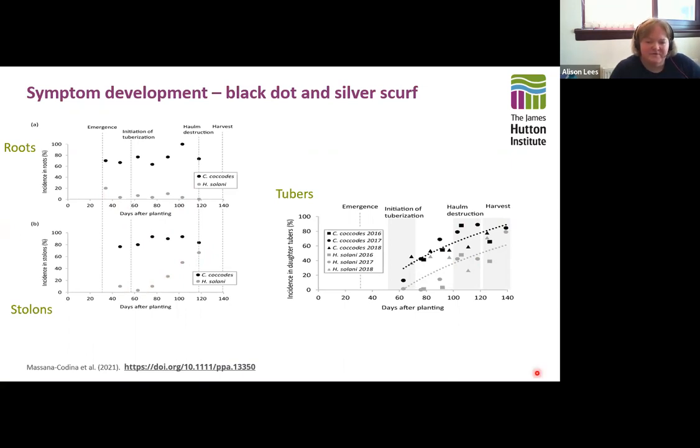Similarly, fewer than 15% of tubers were infected with H. solani before 92 days after planting, increasing to 40% at 100 days after planting, and reaching 40 to 80% of tubers infected at harvest. During all 3 years, the number of tubers infected remained below 50% until haulm destruction, and increased to approximately 71% at harvest.